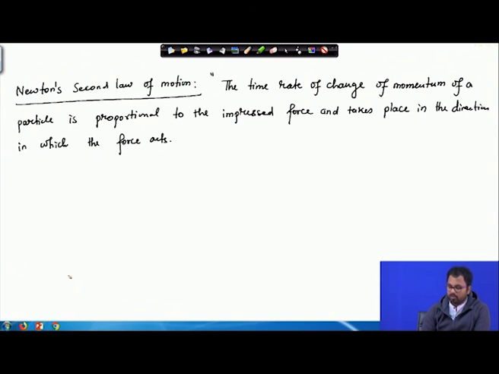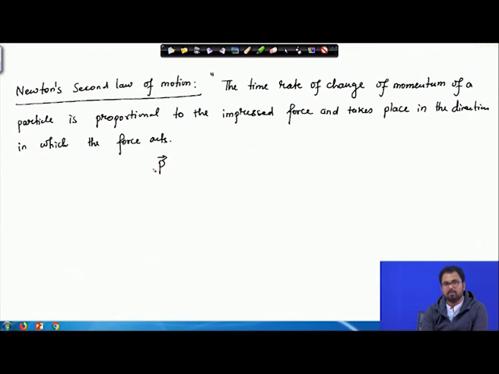If P is the impressed force, or the applied force, let us call it P, because when you apply a force it has a direction, and the change happens in that direction. So, force is a vector quantity, always having a direction.